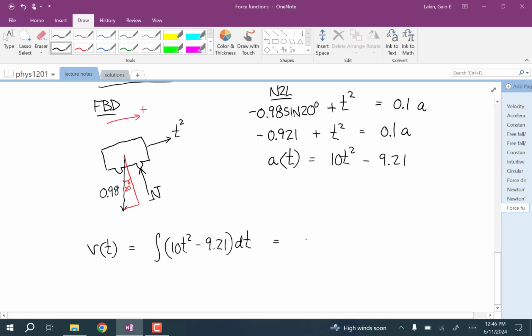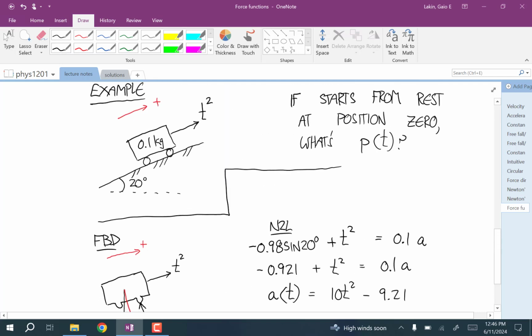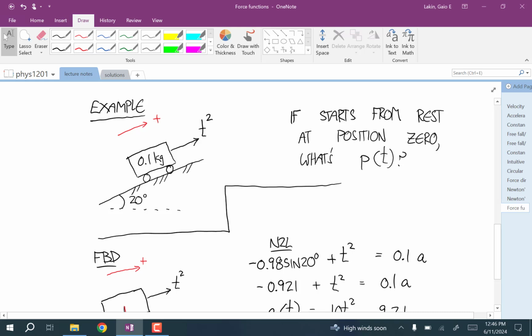And that is 3.3 repeating t cubed minus 9.21t plus c.